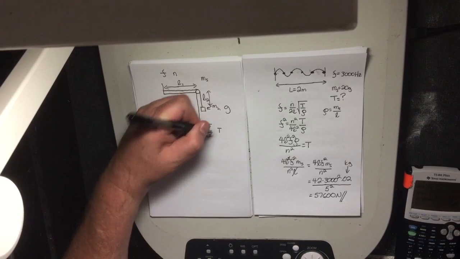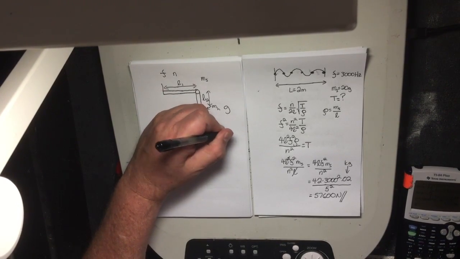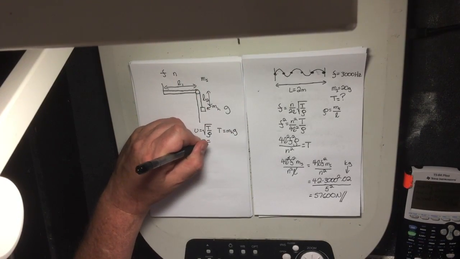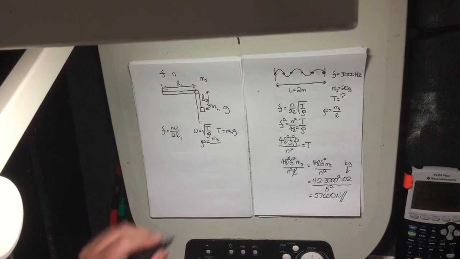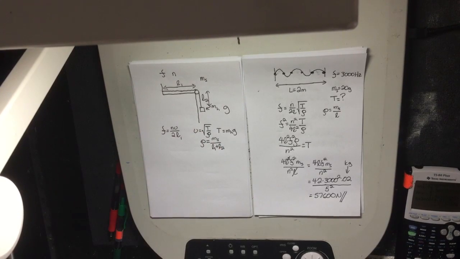The tension is provided by the hanging mass. So that's mHg. The density of the string is the mass of the string divided by the total length of the string, which is L1 plus L2.